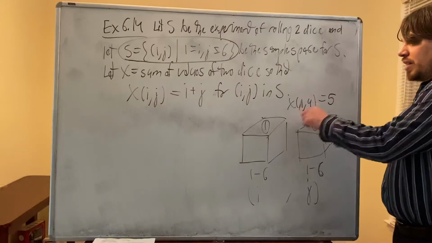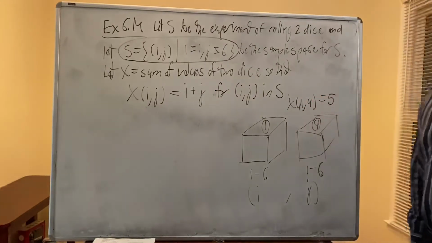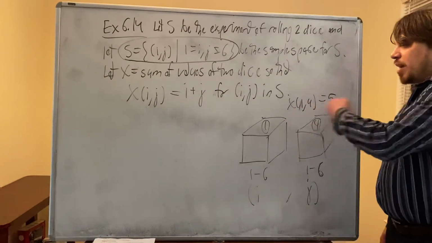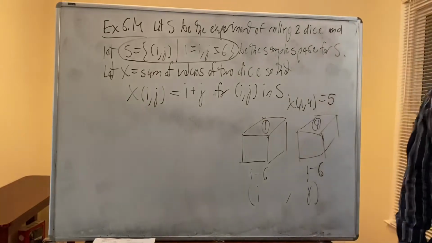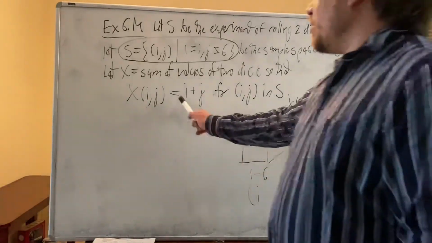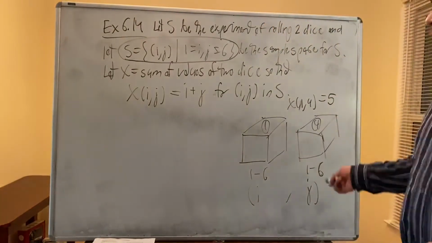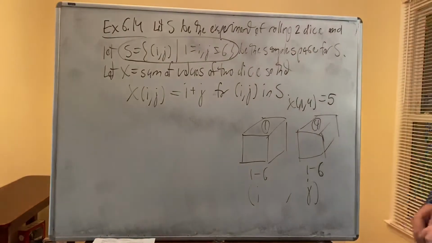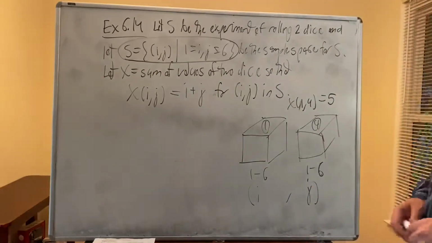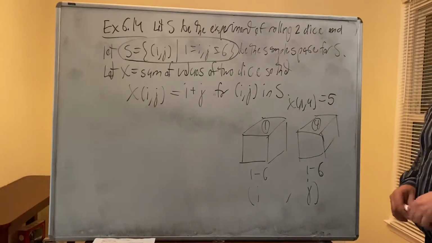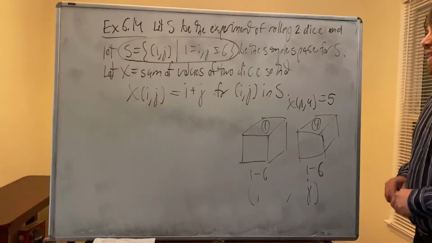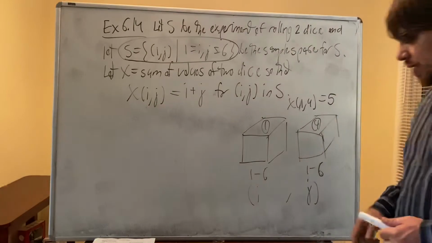It's taking a sample point in your sample space, and it's outputting the sum of the two numbers, the first member of the ordered pair plus the second, which represents the sum of the two rolls. Okay? So X of i comma j is equal to i plus j. And so that is a real valued random variable that adds up the values of the two dice rolls.